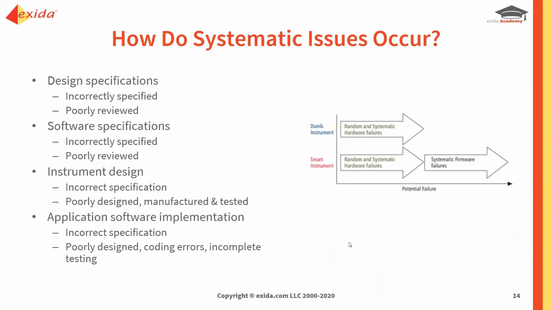So how do these occur? I mentioned this already. You can have poorly specified or poorly done specifications in that they haven't been properly reviewed. They don't fully understand the operating environment, or it's been poorly reviewed, or the specification wasn't very well written and wasn't clear. Certainly with software, at least with hardware, there are things that we can see. With software, this is completely covert.